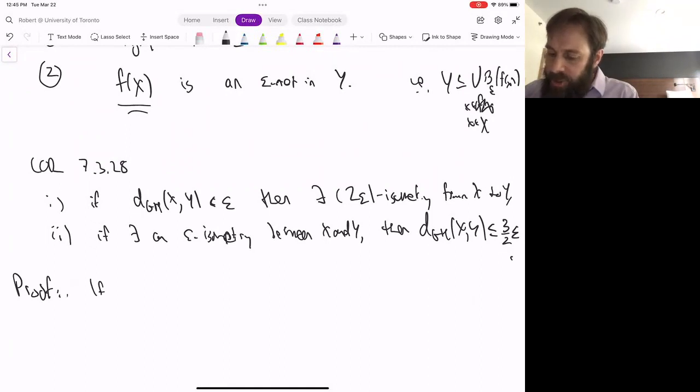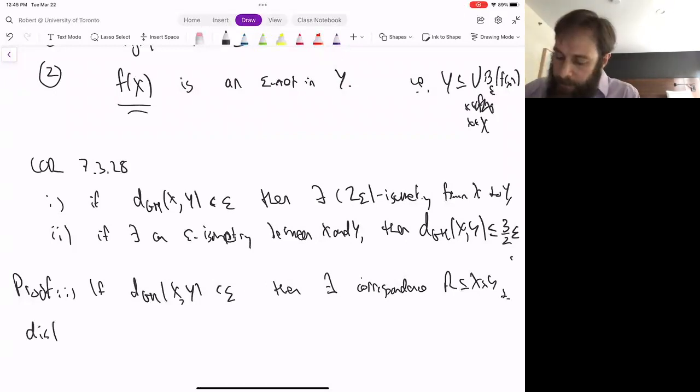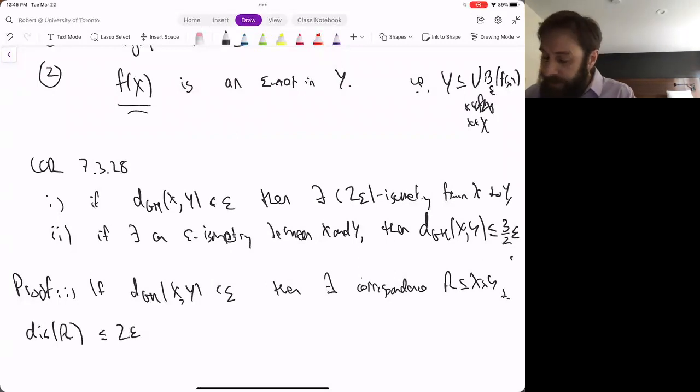So the first direction: if the Gromov-Hausdorff distance is less than epsilon, our theorem says we just saw that there's a correspondence with distortion less than 2 epsilon, let's say strictly.